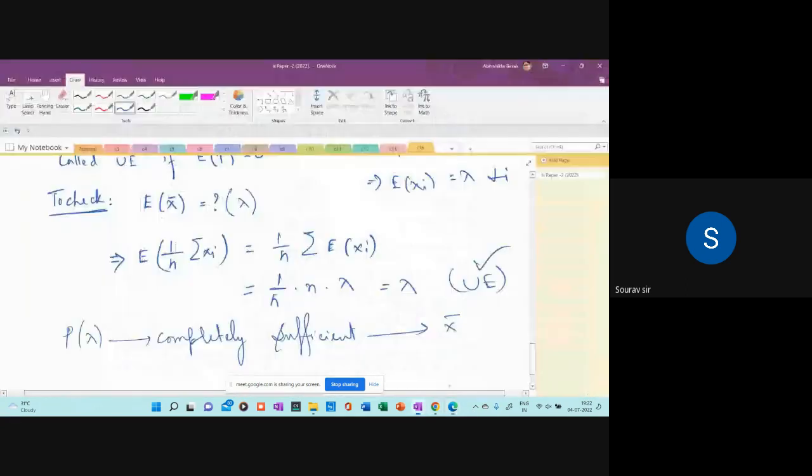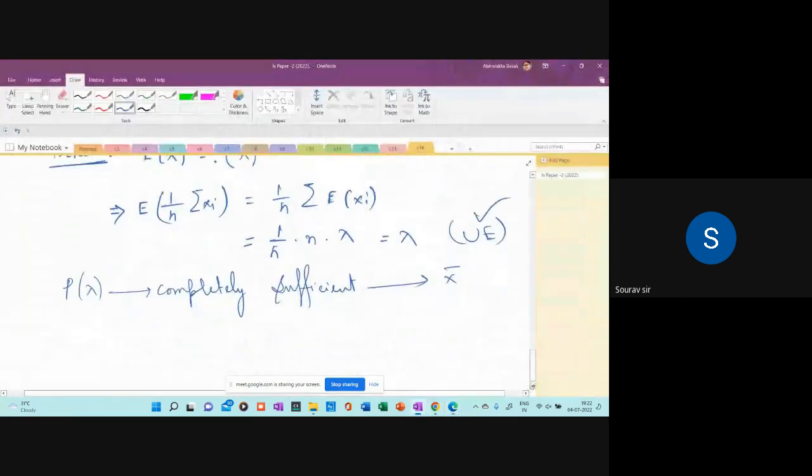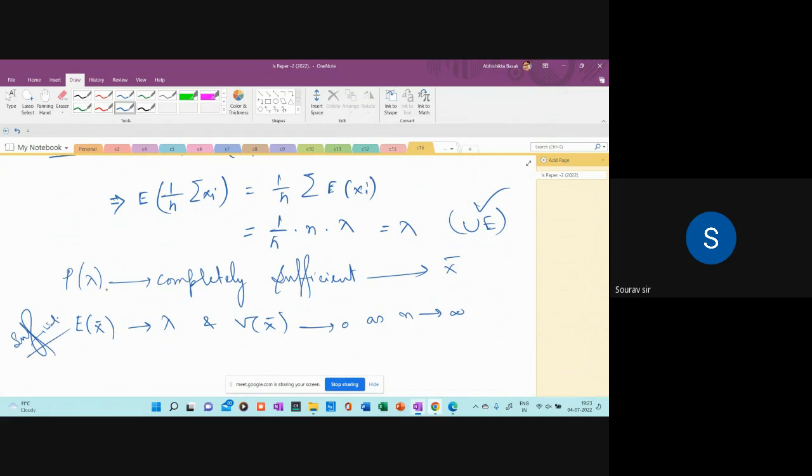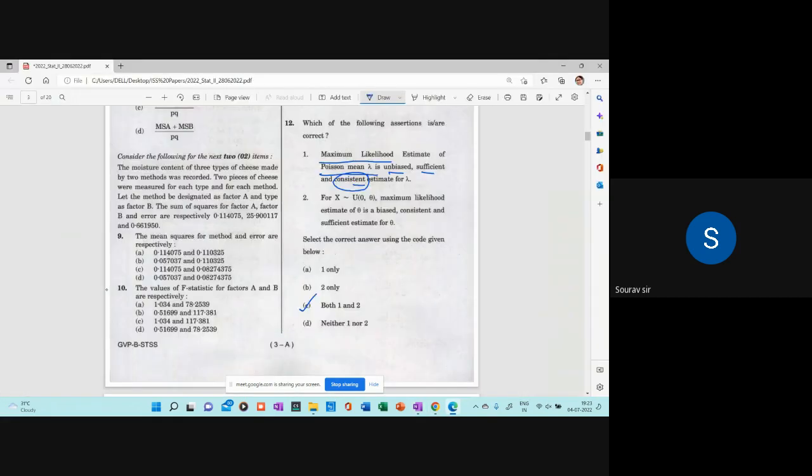I can show it by using the sufficient condition of consistency: expectation of x bar will tend to lambda, not theta, and variance of x bar will tend to 0 as n tends to infinity. This is not the full condition, this is the sufficient condition. Based on these two things, we can say that statement 1 is absolutely correct.